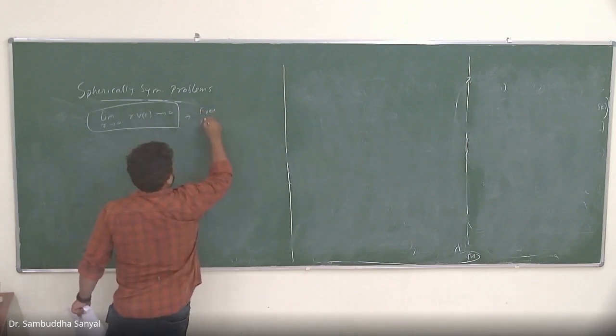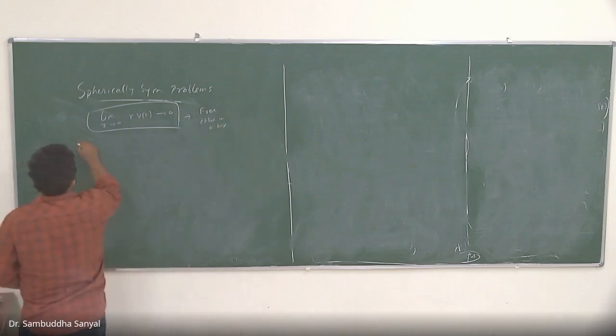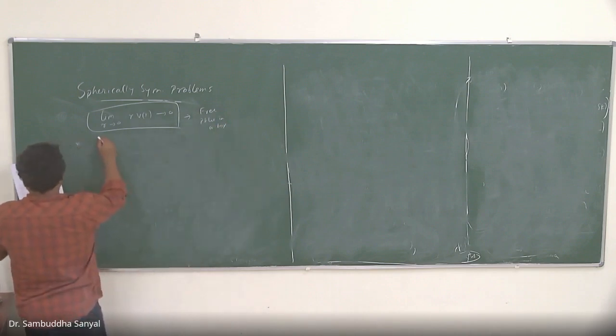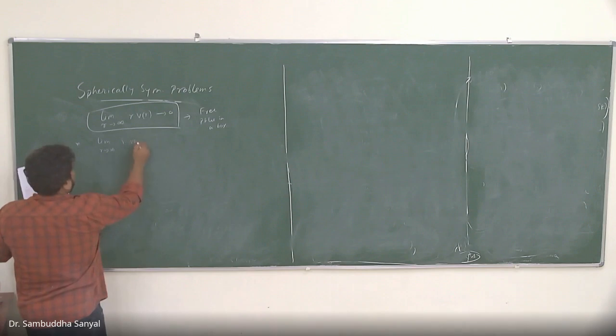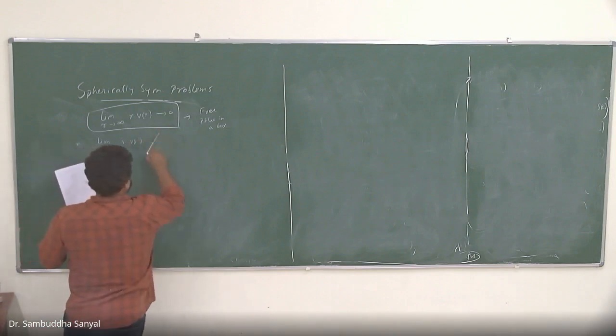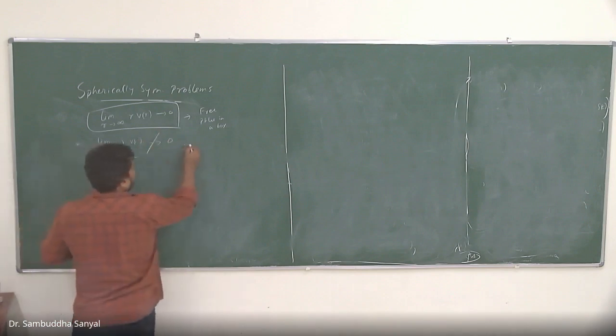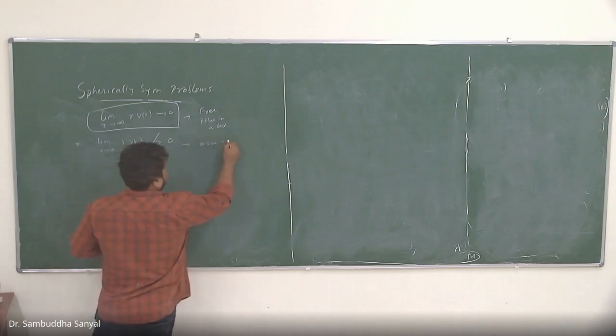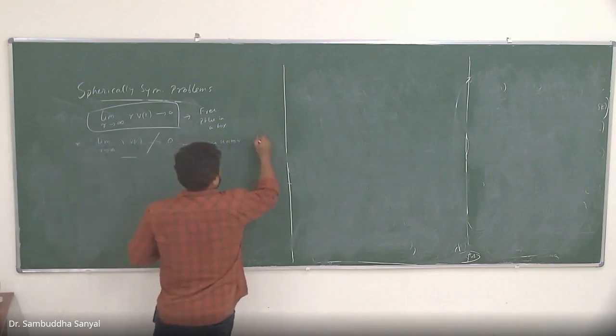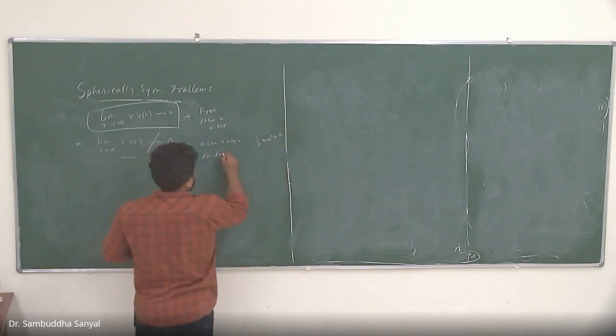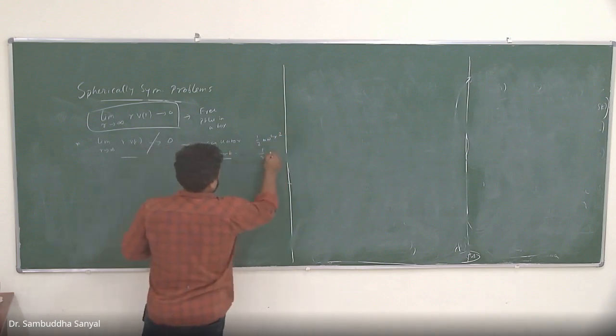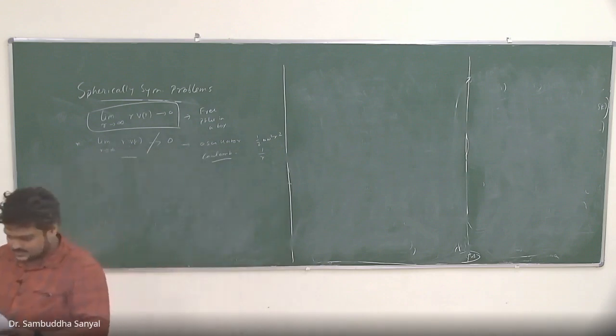The particle in a box. Now let's do something where this is not true. No, it is infinity, not going to 0, and an example is the oscillator, or Coulomb. Okay, so now we will discuss this solution.